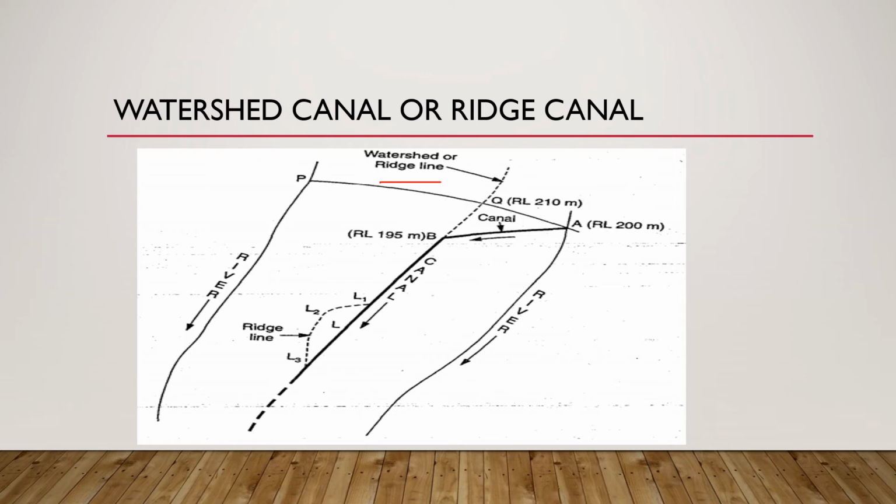As I explained before, it separates two different rivers, and this river is attached with a canal, and it is attached with the main watershed or the ridge line, so that the water through this canal will continuously pass to the particular irrigating place.